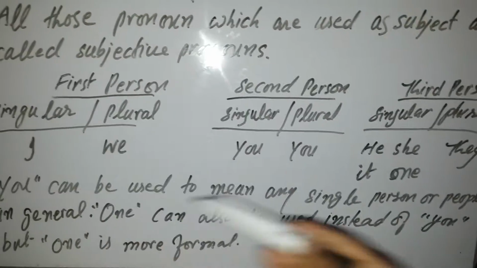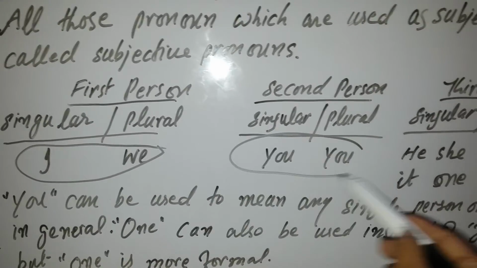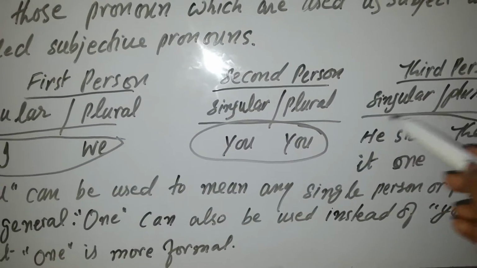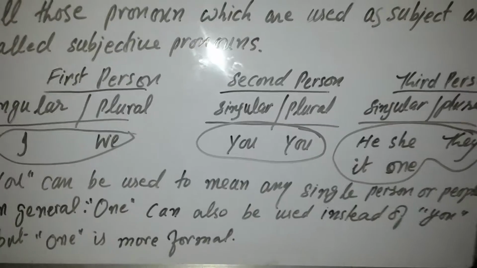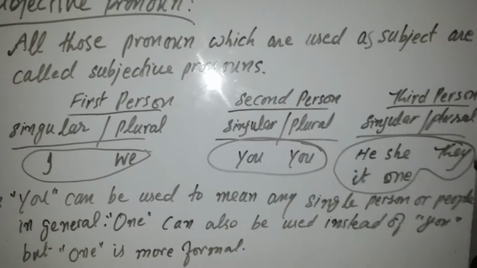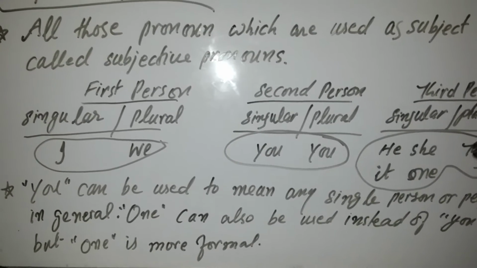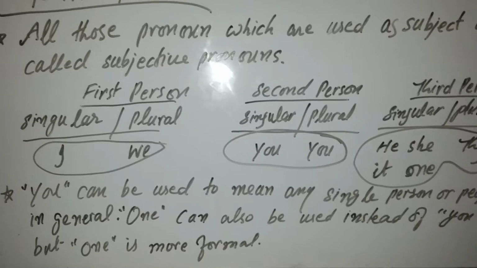These are all those pronouns: I and we, you singular and you plural, he, she, it and they. These are all those personal pronouns which we use as a subject, so these will be called subjective pronouns.